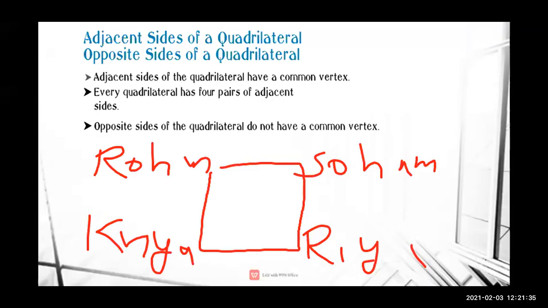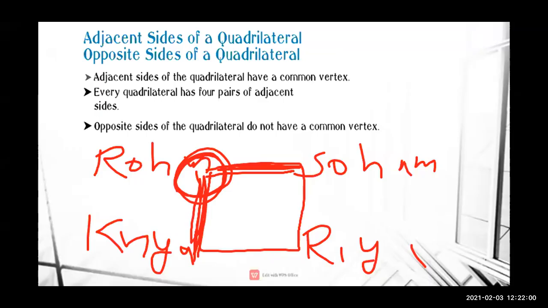See, this is Rohan. Rohan is connected with Soham, and Rohan is also connected with Kriya. So Rohan is a common vertex, because Rohan is connected with Soham and also with Kriya.